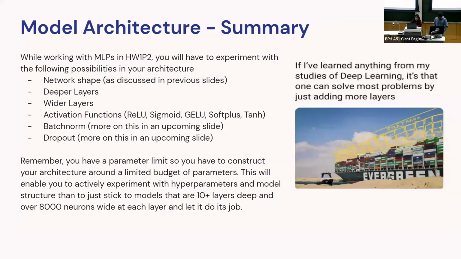You can have varying activation functions, like the rectified linear unit, leaky ReLU, sigmoid, and so on. And then there are certain optimization and normalization techniques, like batch norm or dropout. We'll cover much of batch norm and dropout in the upcoming slides.